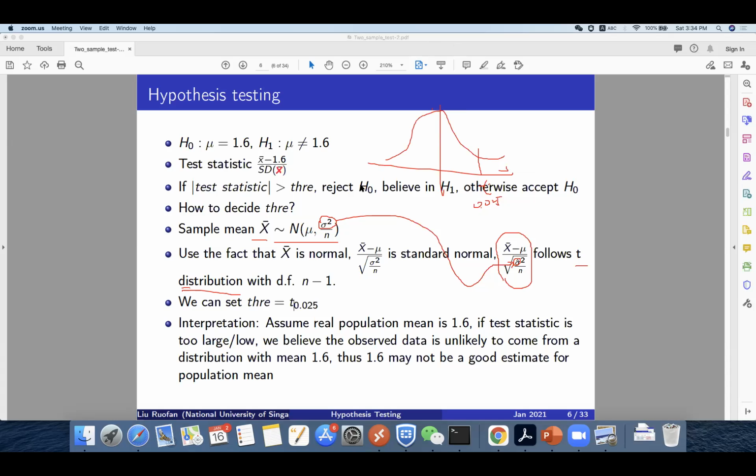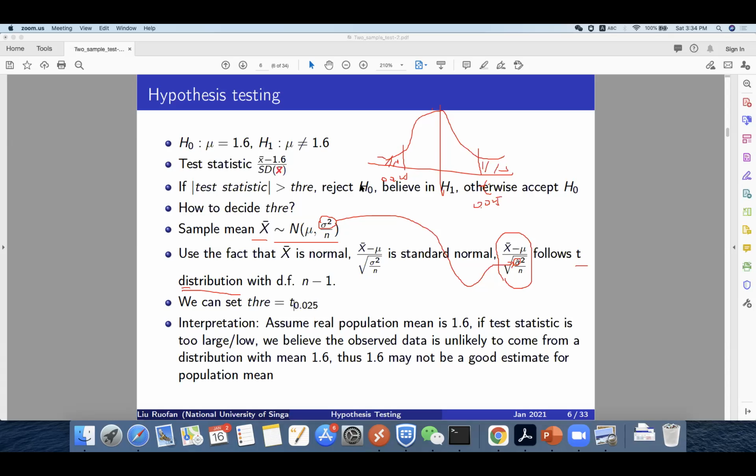The t distribution must be an estimated normal distribution in practice, with a similar shape, and this formula is supposed to be symmetric. So we set a quantile 0.025, and there must be a symmetric quantile on the other side. So we sum up the area together.